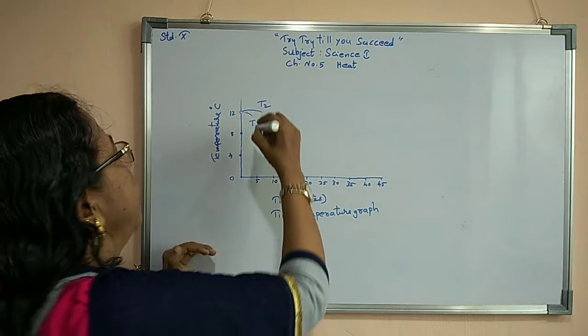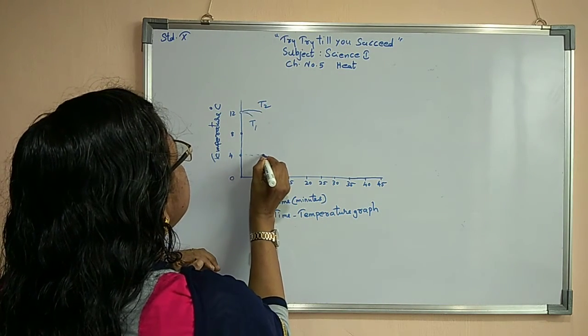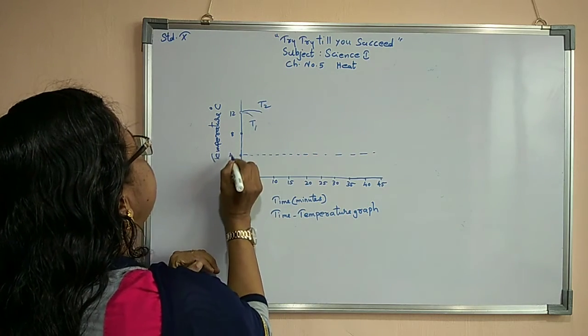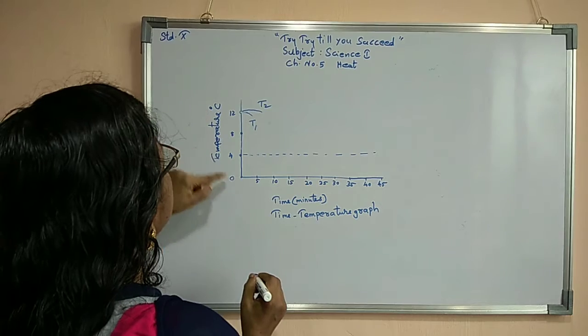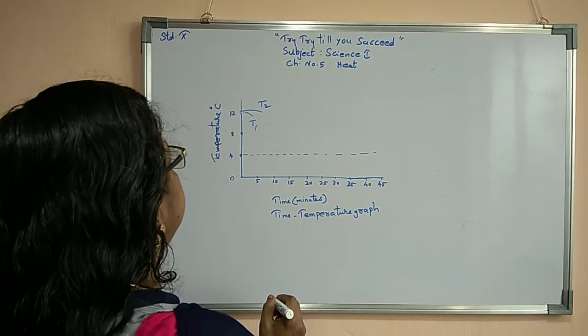Afterwards what is happening, as we had studied, is up to 4 degrees Celsius. This I am showing as 4 degrees Celsius. All these degrees Celsius are shown: 0 degrees Celsius, 4 degrees Celsius, 8 degrees Celsius, 12 degrees Celsius.